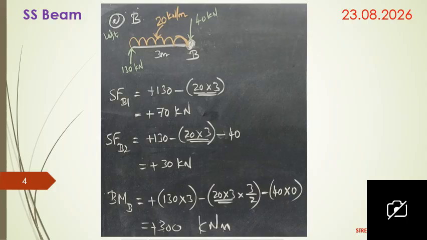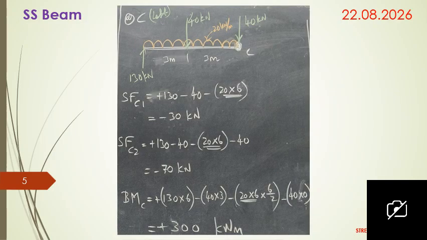The total load acts at the midpoint, 3 by 2, which is 1.5 meters from B. So 20 into 3 into 3 by 2 creates a negative bending moment, that is an anti-clockwise moment. Also the 40 kilonewton point load is acting at point B itself, so there is no distance, that is 40 into 0. You will get a bending moment value of plus 300 kilonewton meter.